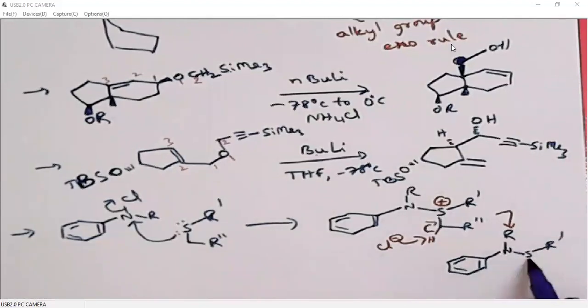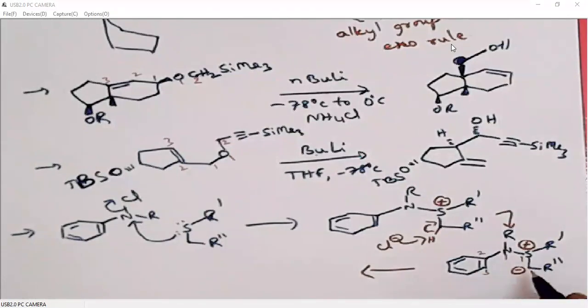So it generates this. Now this undergoes 2, 3 sigmatropic rearrangement. Of course, you can write the product. You can give the numbering 1, 2, 3.